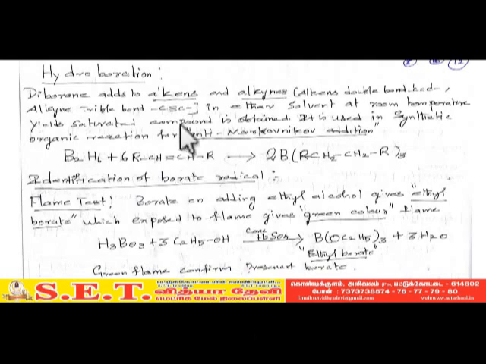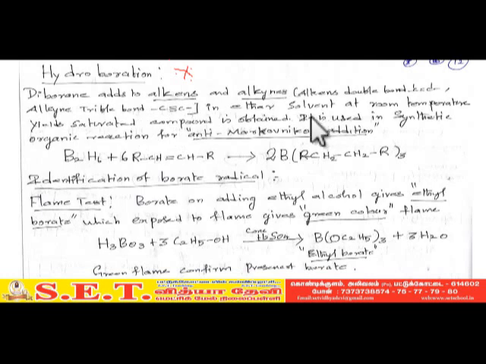Next one, a very important question. It may be asked in 3 mark or 2 mark, maybe in 5 mark. Hydroboration: diborane, 2 molecules of borane, adds to the alkene. You know very well what an alkene is, a double bond compound, and an alkyne, a triple bond compound.